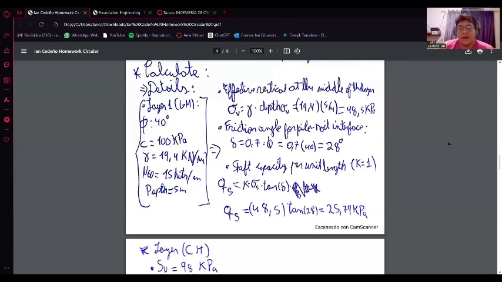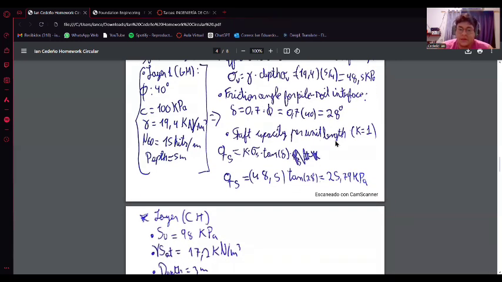The friction angle for the pile-soil interface is the formula that we talked about in the other paper. We're going to replace the real numbers and we're going to have 0.7 for 14, and the angle is 28 degrees.